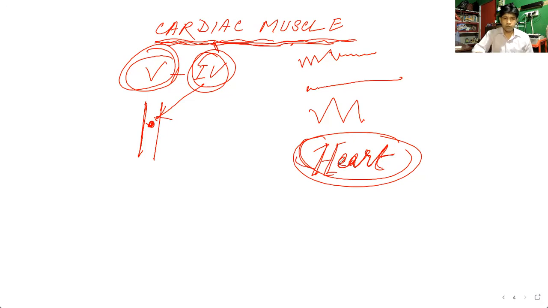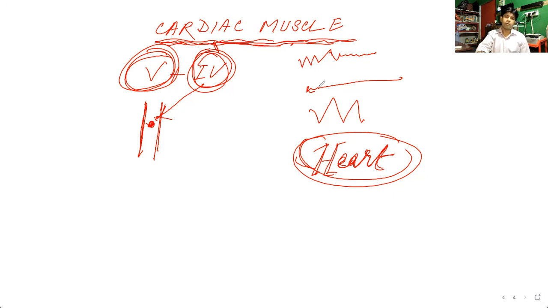Okay. So now what have you learned about the cardiac muscle? That cardiac muscle is a combination of the voluntary muscle and involuntary muscle. Like the voluntary muscle, the shape of the cell is cylindrical. But like the involuntary muscle, they are uninucleated and branched also. So they are showing both the characteristics of voluntary and involuntary. Secondly, the main speciality of this cardiac muscle is that the whole life they are able to contract and relax without any rest, without stopping.